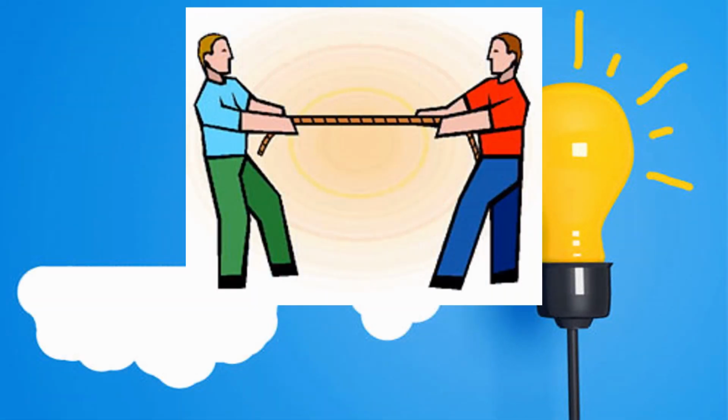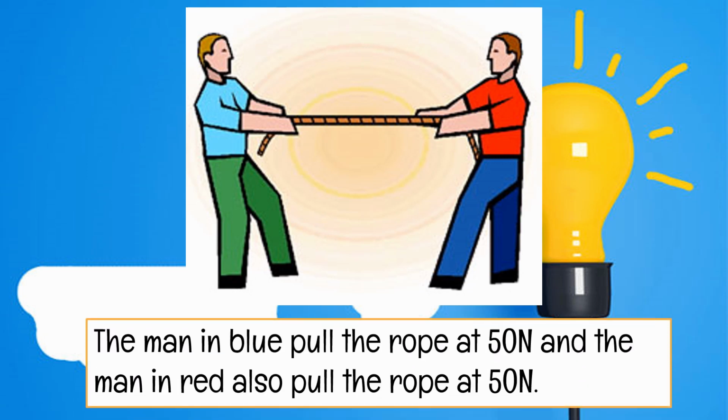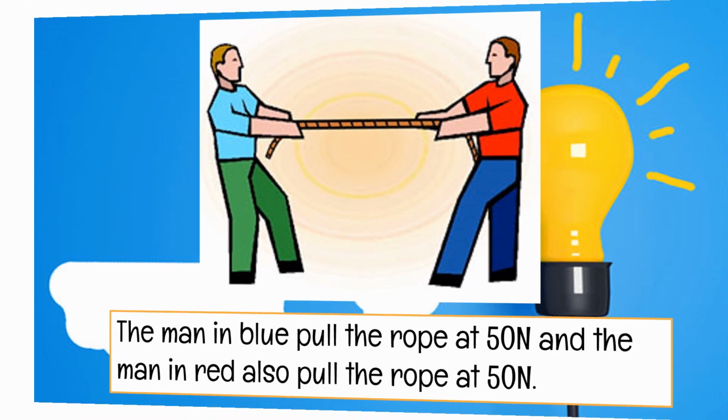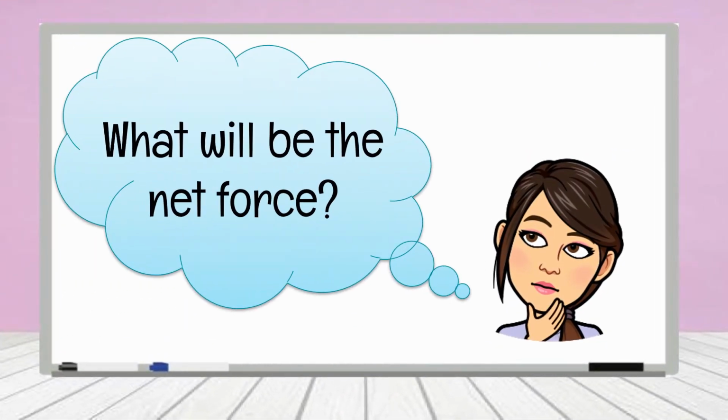Another example. The man in blue pulls the rope at 15 newtons and the man in red also pulls the rope at 15 newtons. What will be the net force? So again, let's find out the net force of the two men.